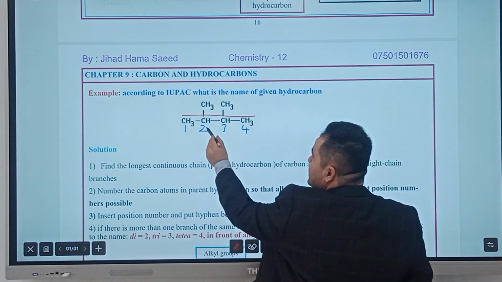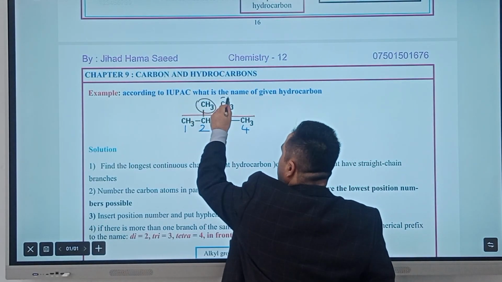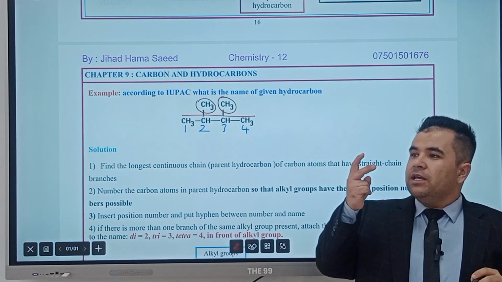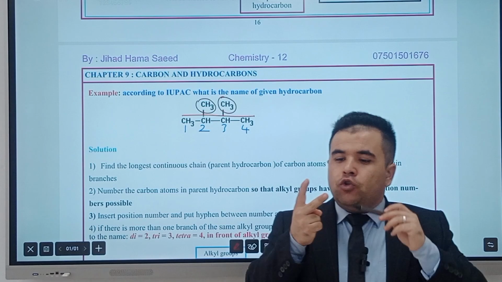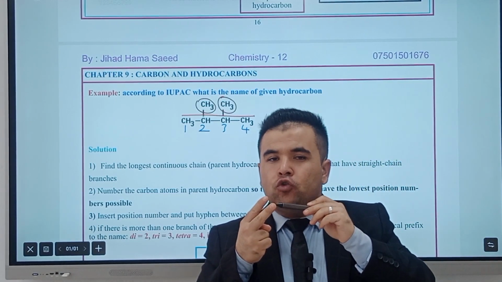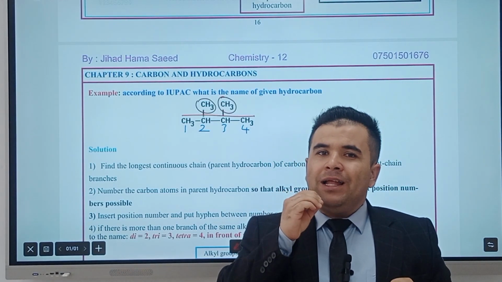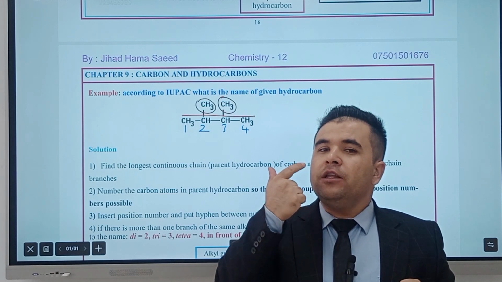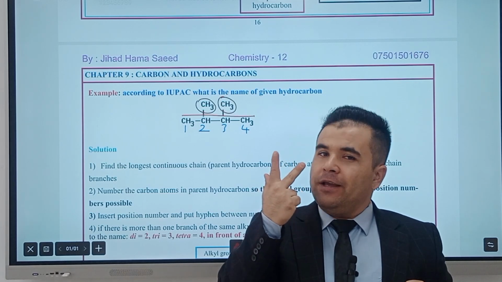And then on the second, we have a methyl, and on the third a methyl. Guys, if there are two of the same alkyl group, we add the prefix di to the name of the alkyl group. 3 is tri, 4 is tetra.